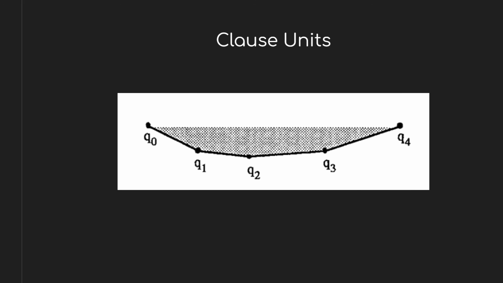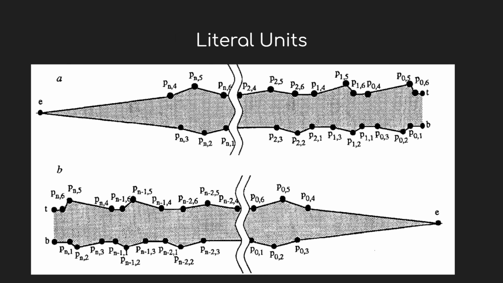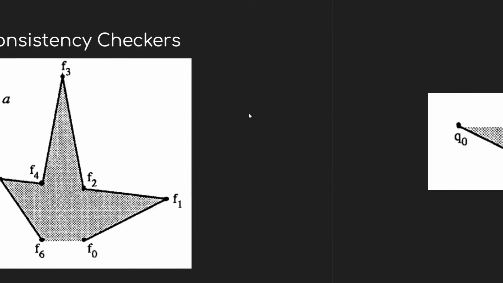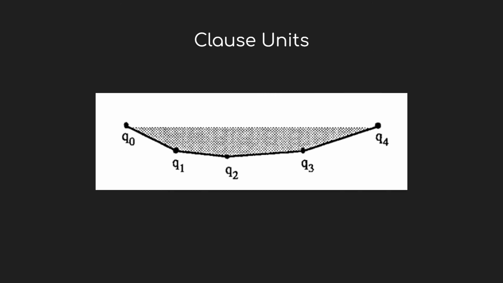So maybe I should go back a bit. These little notches up here, if you have a point at, say, Pn5 over here, then that point is going to shine into the clause unit, say, at Q3. If that point is up there, then that means that Q3 can't have a hidden point placed there. And if that is the case with all 3 of them, then the clause has not been satisfied.